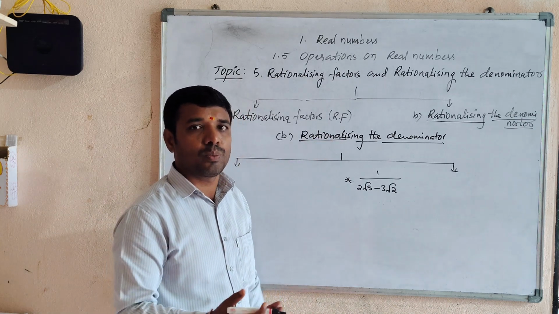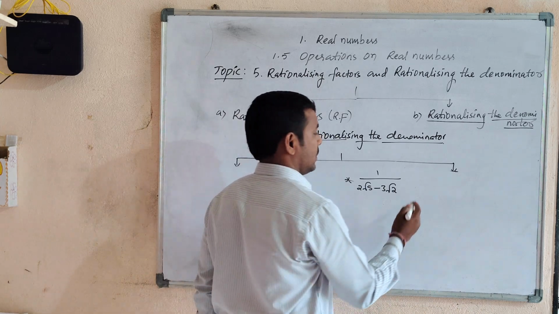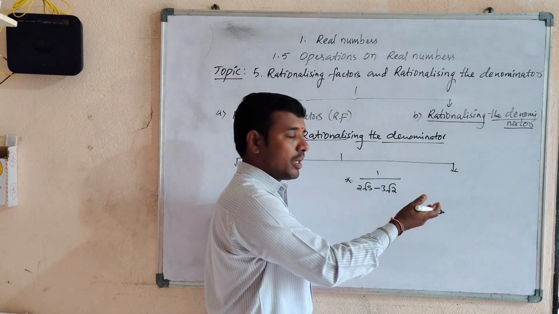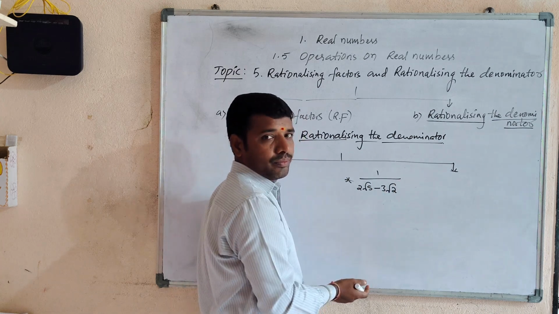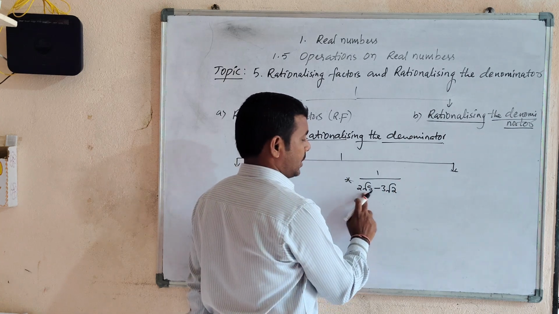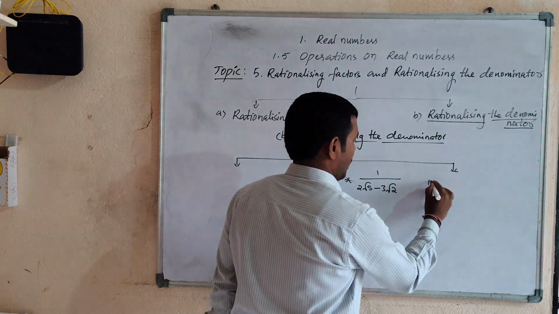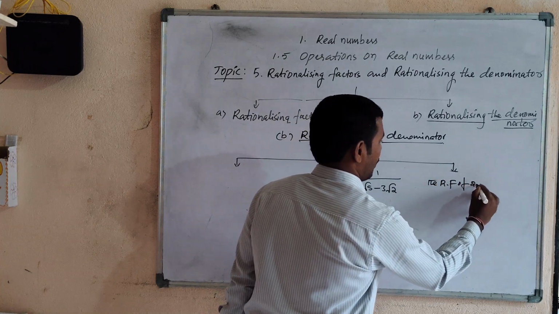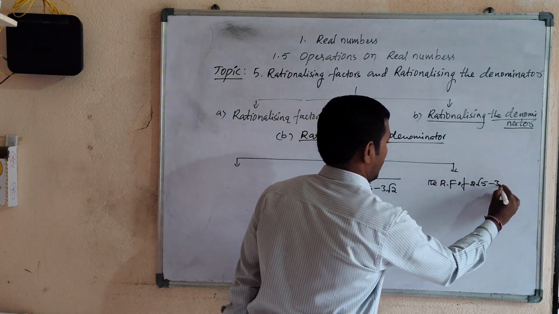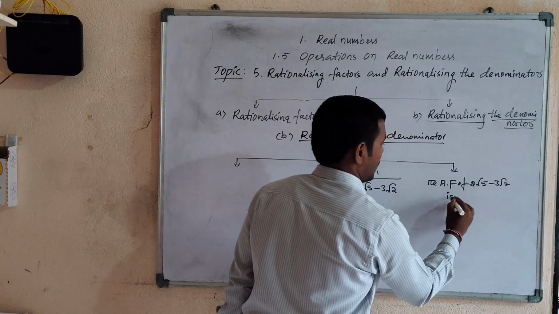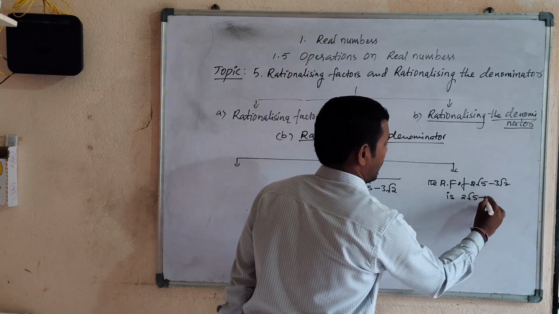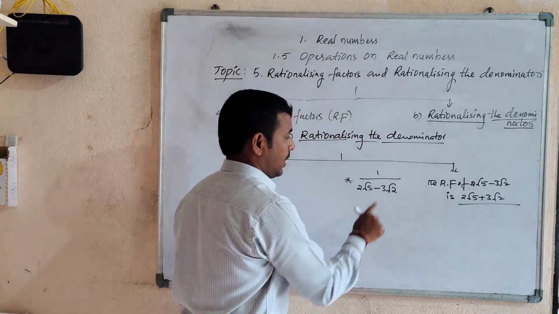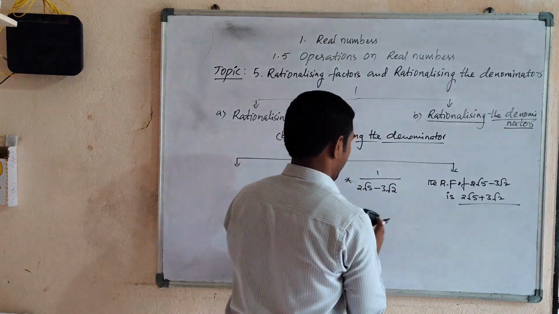Otherwise there is no scope to represent it on the number line and find its value. So what to do? Tell me its rationalizing factor. The rationalizing factor of 2 into root 5 minus 3 into root 2 is 2 into root 5 plus 3 into root 2. With the help of that, you have to multiply it.